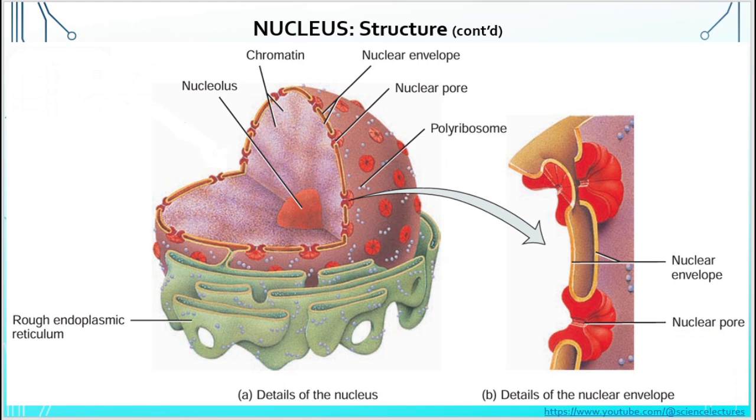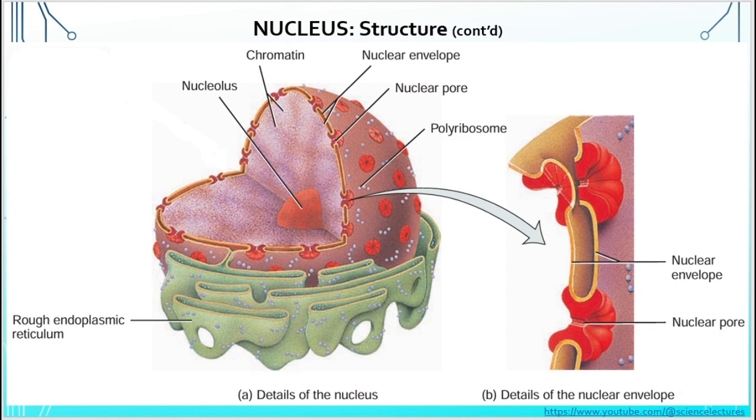Talking about the structure of the nucleus, a double membrane called the nuclear envelope separates the nucleus from the cytoplasm. Both layers of the nuclear envelope are lipid bilayers, similar to the plasma membrane. The outer membrane of the nuclear envelope is continuous with the rough endoplasmic reticulum and resembles it in structure.